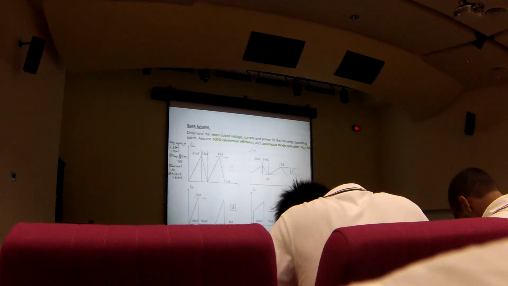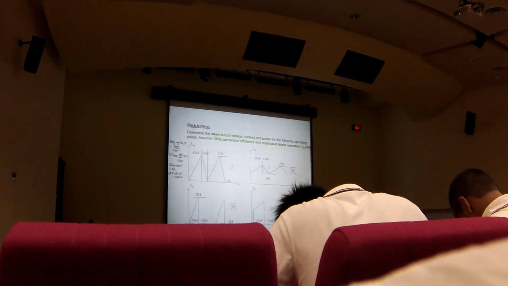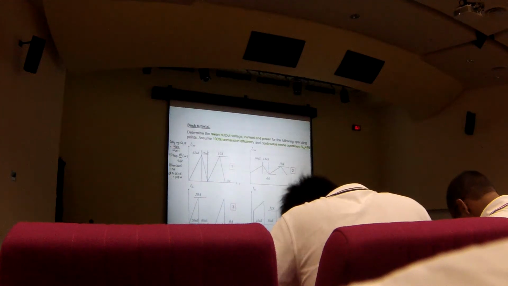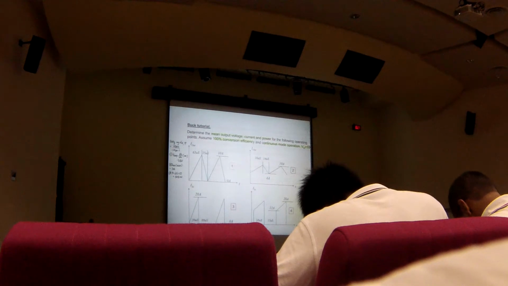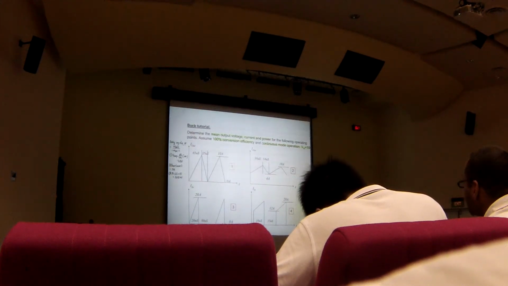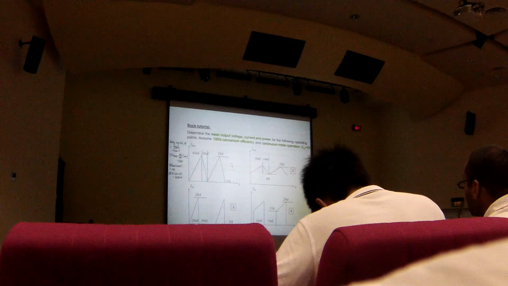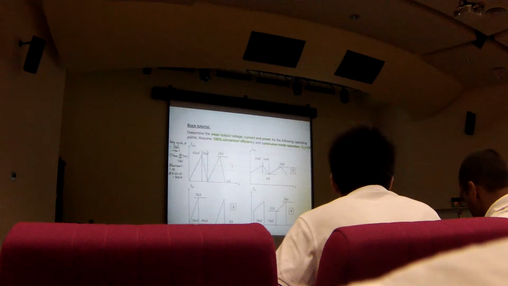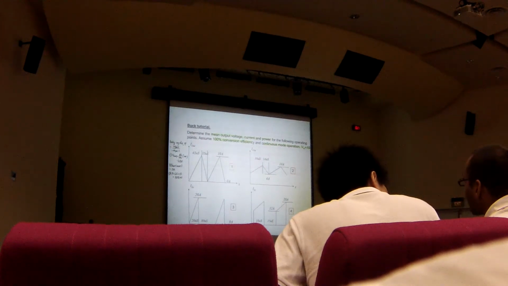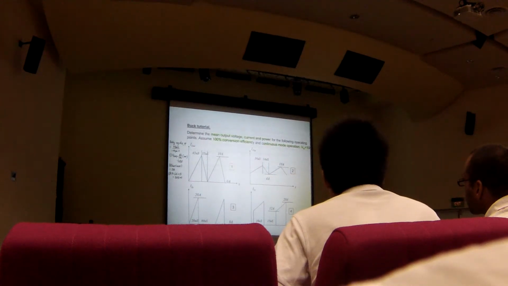You are given 4 different waveforms. What you need to do is to calculate the mean output voltage, current, and power. First of all, do you know what is mean? Average, very good. So what's the equation for calculating average?